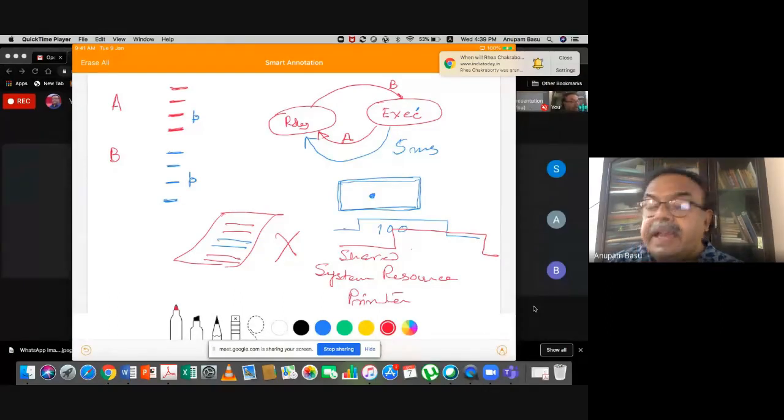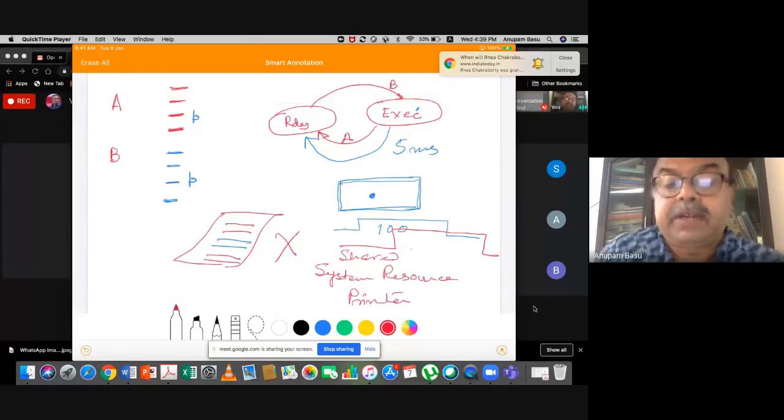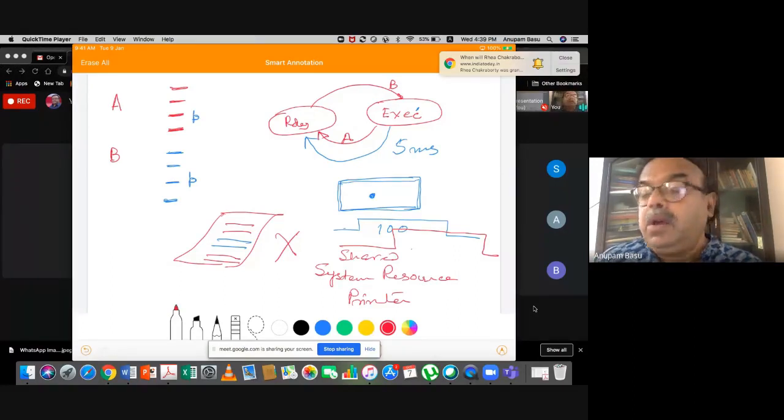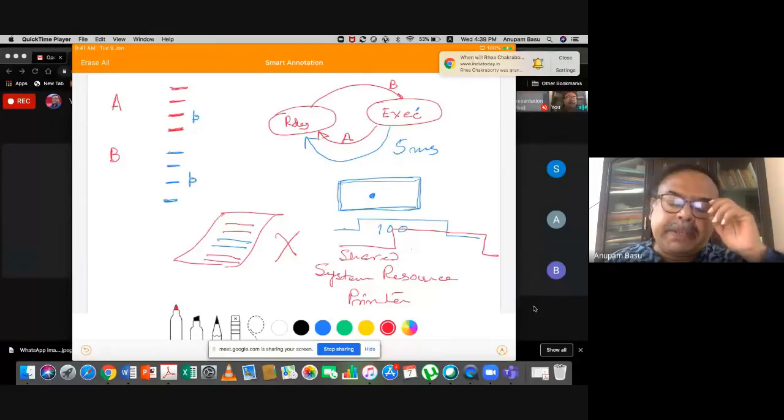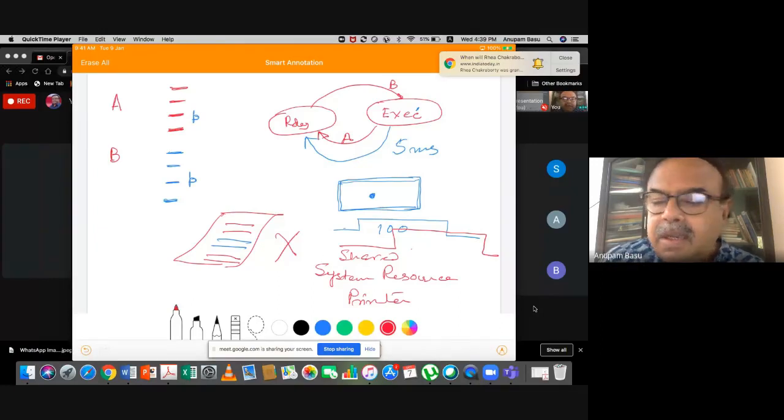And that printer cannot be shared because I've got only one printer. So whoever wants to print will have to utilize that printer. But at any particular point or at any particular phase of execution, I cannot allocate it to more than one simultaneously. So there should be some management somewhere.